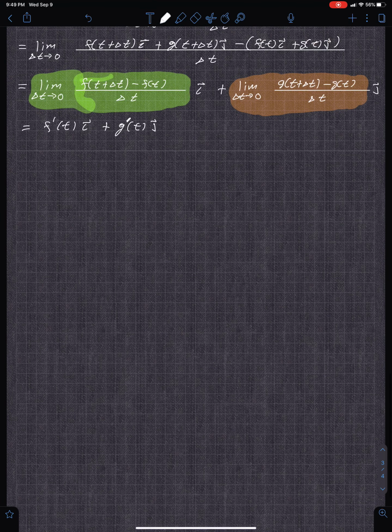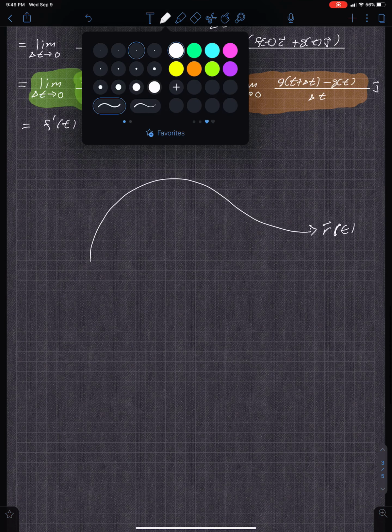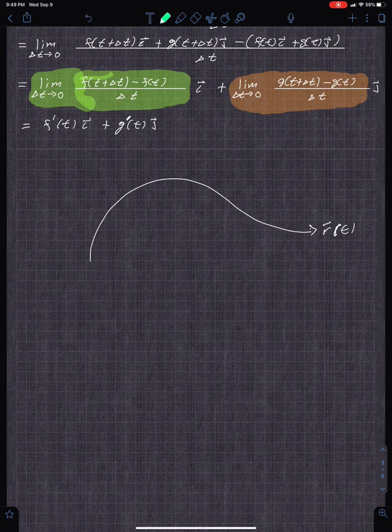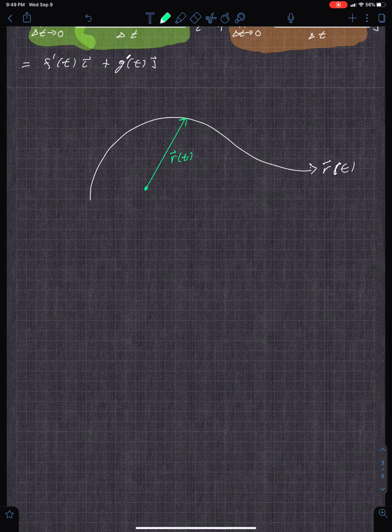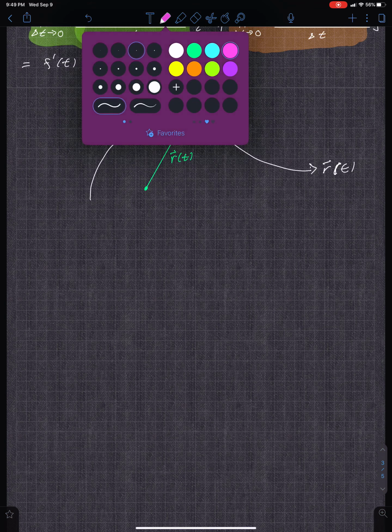Okay, so the next thing is, and I'm not going to get into this too much right now, maybe I'll show it to you later. If there's my r of t, that's my function, and you're going to have your r of t tracing this thing out like this, from the origin. And then r prime of t ends up being this tangent line.